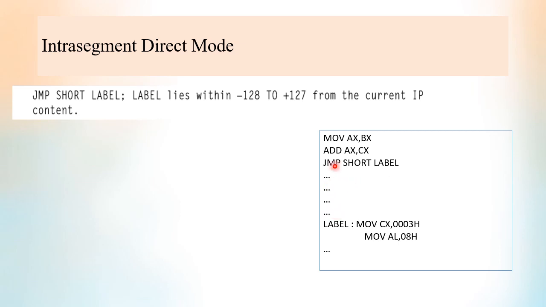If the control transfers to a position within the same segment itself, then we call it an intrasegment mode. And if the distance is within this range, we call it a short jump. So this one is a short jump if label is within this range from the jump instruction. So this one is an example for intrasegment direct mode.